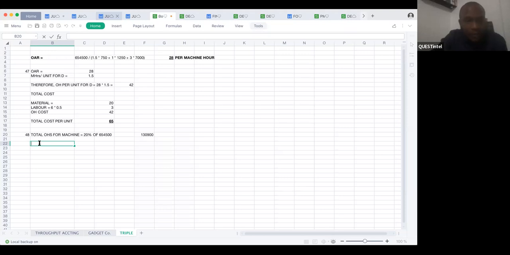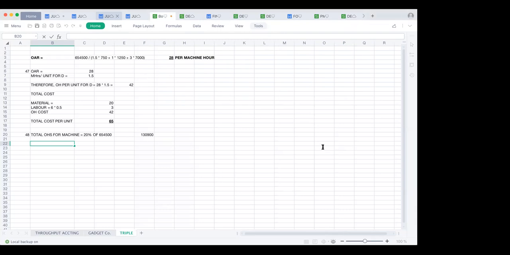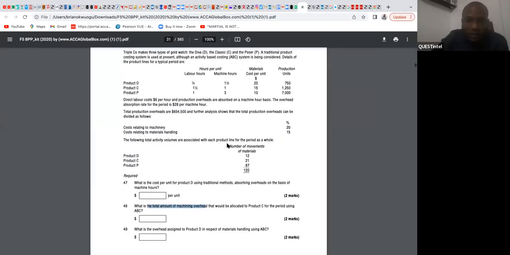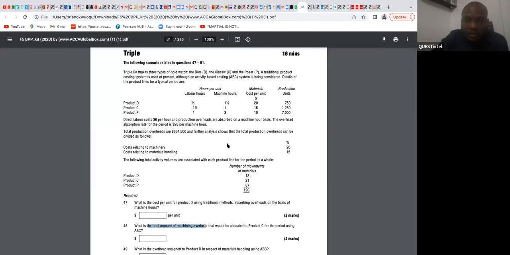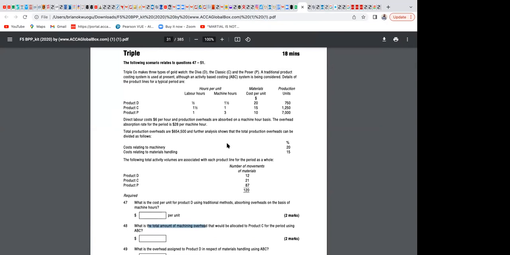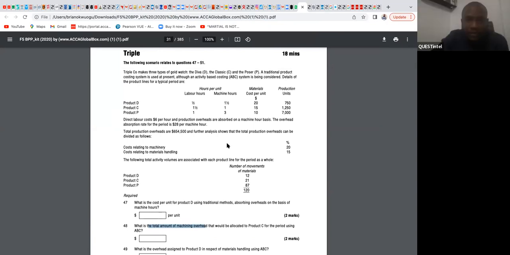Now we're going to have to break this down into which one should we give to product C? What did they ask us for? Product C, right? Yeah, product C. So first of all, I'm also thinking is there a simple way to do this as compared to doing something unnecessary?